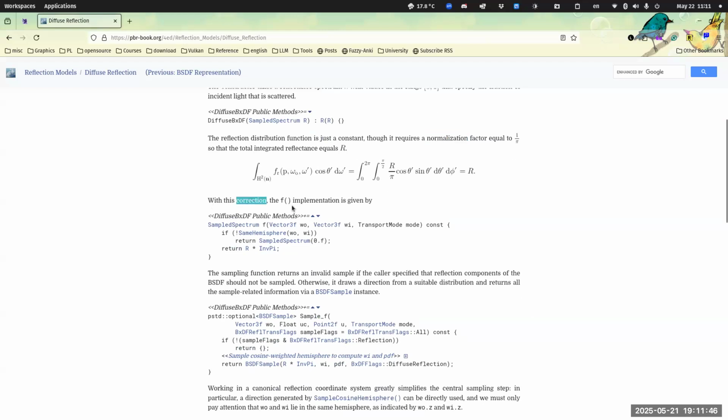With this correction, the f implementation is given by this. So if it's not the same hemisphere, the input and output will just get 0. Otherwise, we return the constant.